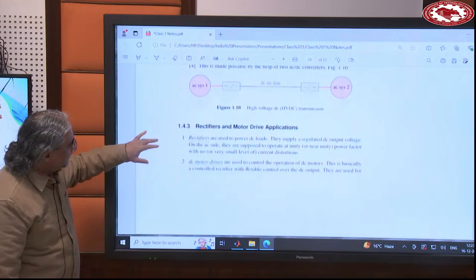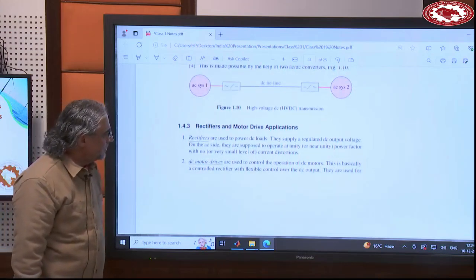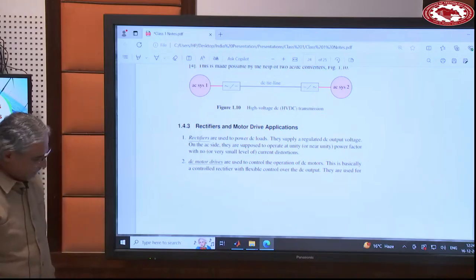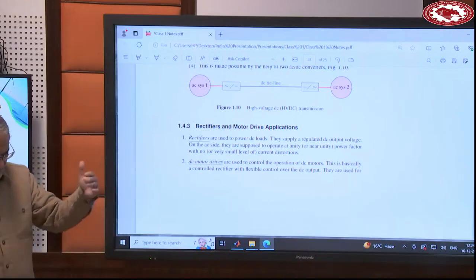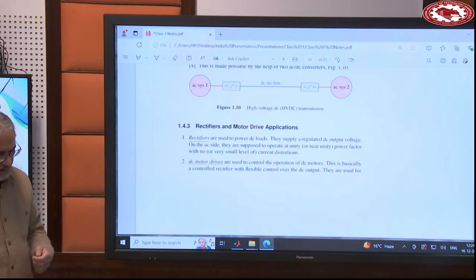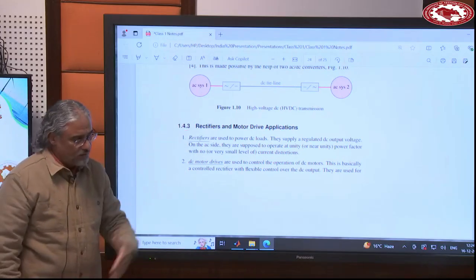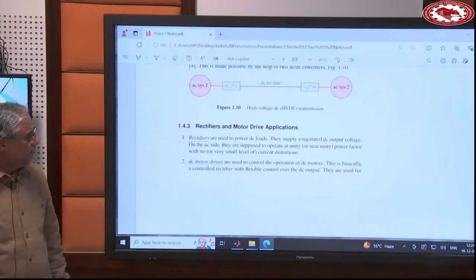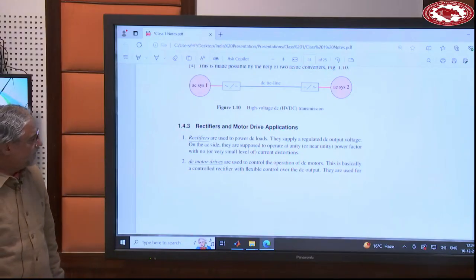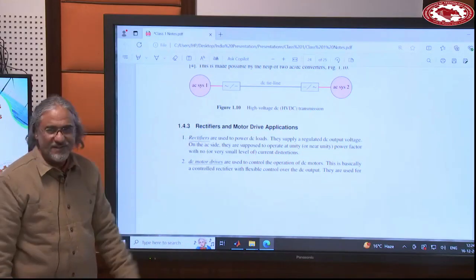And now rectifiers and motor drive applications. Here you have an AC or DC power supply already, and in the case of rectifiers, it's AC, and then you have some DC loads connected to this AC power system. Motor drives, if it's a DC motor, it will be exactly the same thing here.